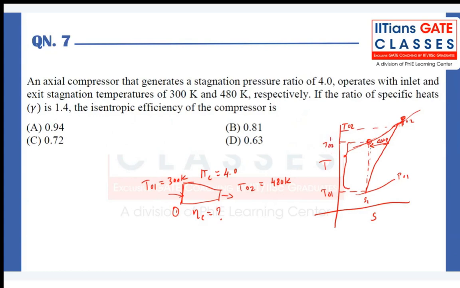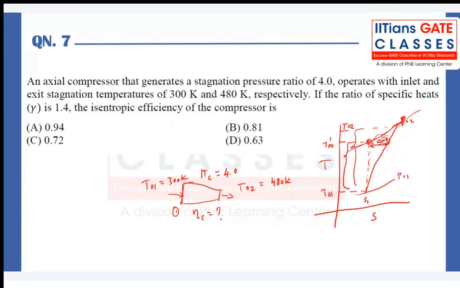What if my process is taken isentropically instead of adiabatically? What is the work needed to raise the pressure from P01 to P02? Ideally, that's what this point represents, this difference T02 dash minus T01. But we know for practical reasons, the actual process takes a little bit higher temperature difference to overcome the losses, right?